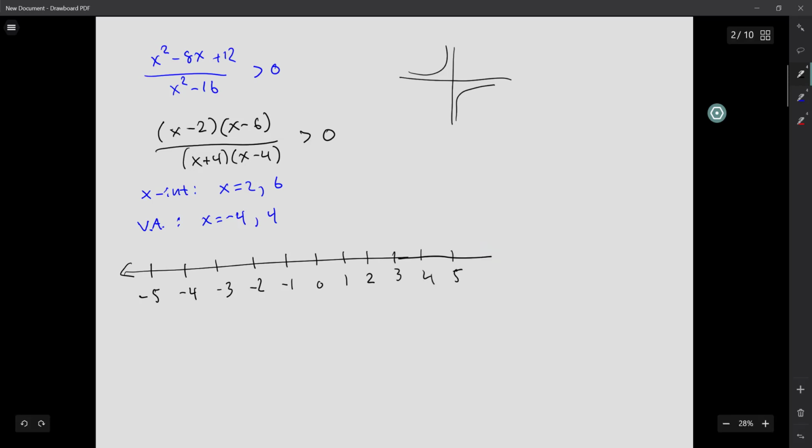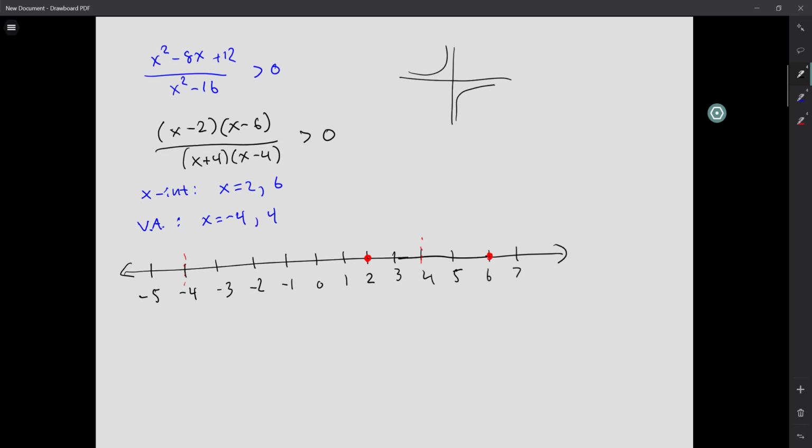And longer still. That's a big number line. Okay, let's see. My x-intercepts are at 2 and at 6. My vertical asymptotes were at 4 and -4. Now, it doesn't matter a whole lot that I differentiate between these two. All that's important is that at these points, -4, 2, 4, and 6, my graph can change from positive values to negative values.